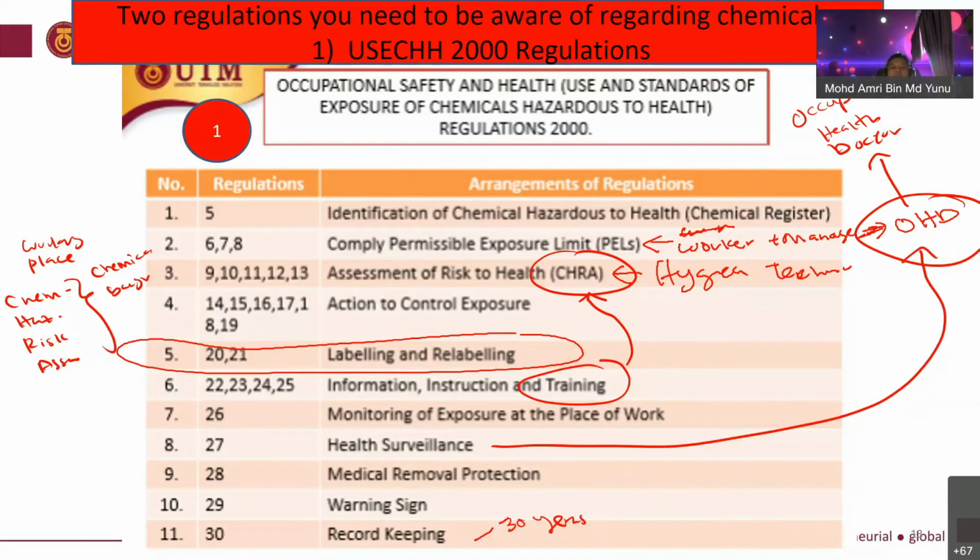Like CHRA will look, for example, at a lab that has a smoke chamber, and only this CHRA is qualified to evaluate, suggest any improvement, and then verify.